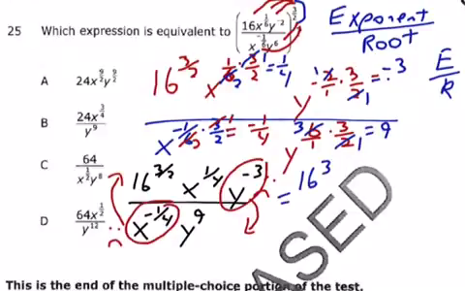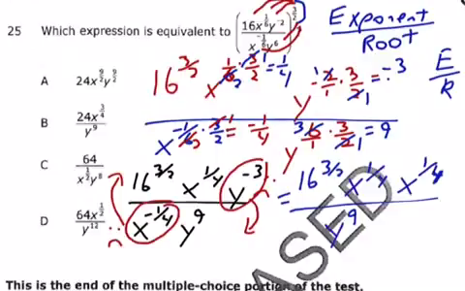It's 16 to the 3/2, x to the 1/4, and now I brought up the other x to the 1/4, and then it's over, I have a y to the 9th already down there, and then I brought down that y to the 3rd. So now I have no negative exponents. Everybody's happy.